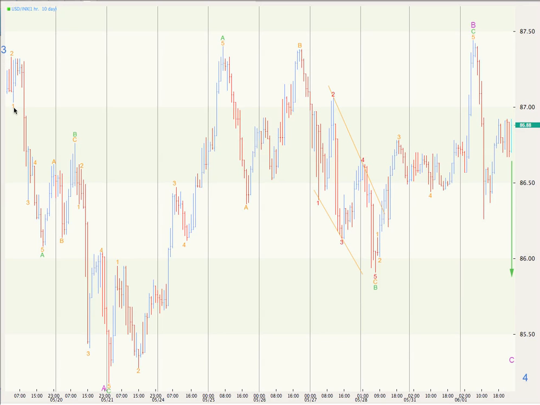So we had 1, 2, 3, 4, 5 waves for A, 3 waves for B, 5 waves for C, a 5, 3, 5 zigzag for A pink, followed by a 5, 3, 5 zigzag again for wave B pink. We've got a nice 5 waves here for A, 5 waves here for this A, an obvious 3 for B, and an ending contracting diagonal for wave C orange to end this B green here.